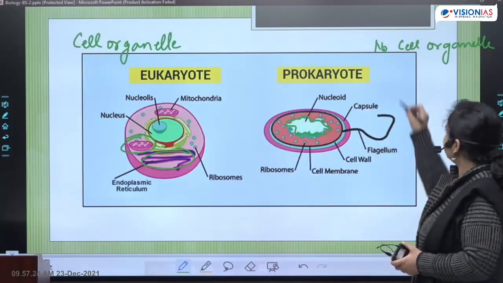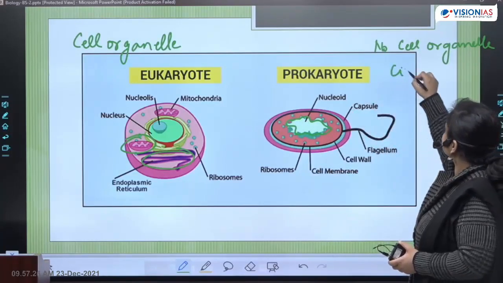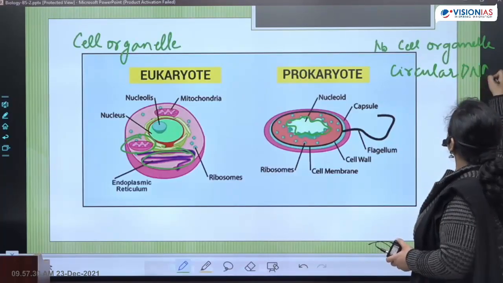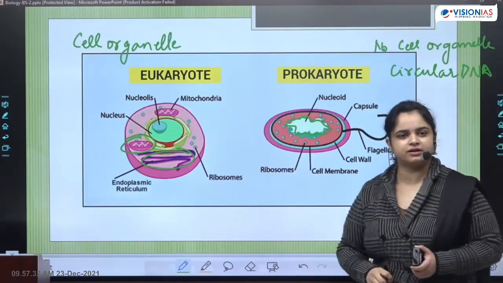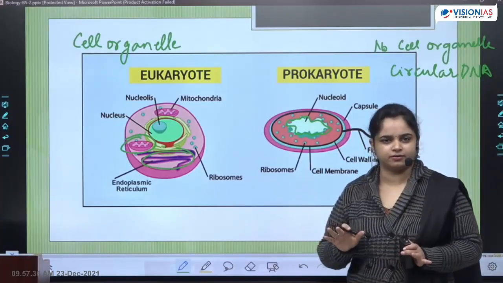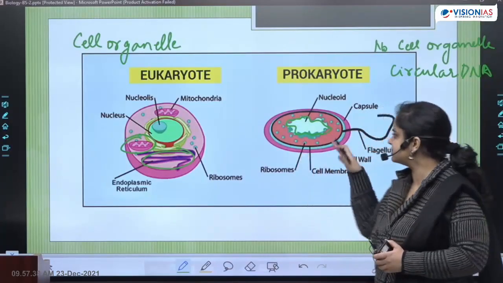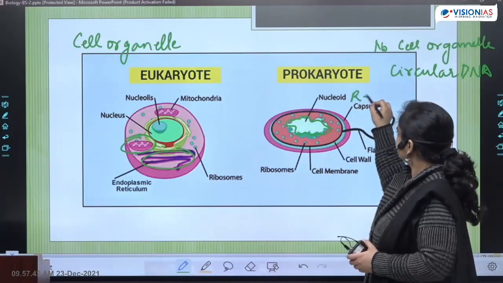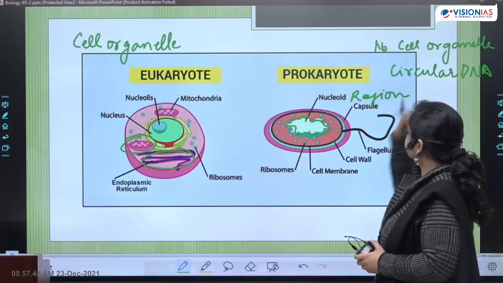Their DNA is present in what we can call a circular manner. So we say this is a circular DNA, and on this DNA also there is no covering or anything. It's just kept there in the cell, and the place where it is kept is called the nucleoid region.